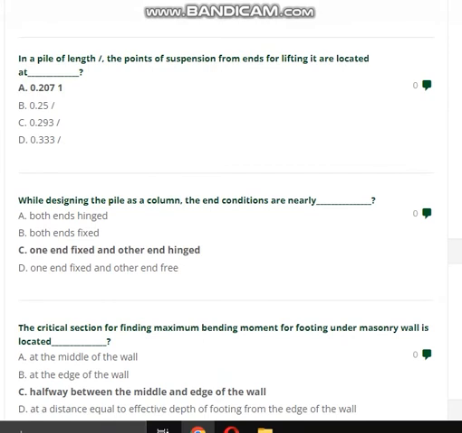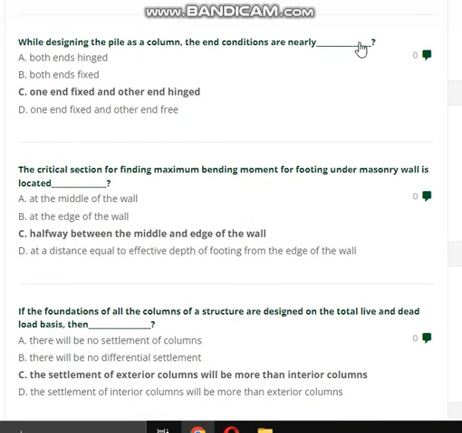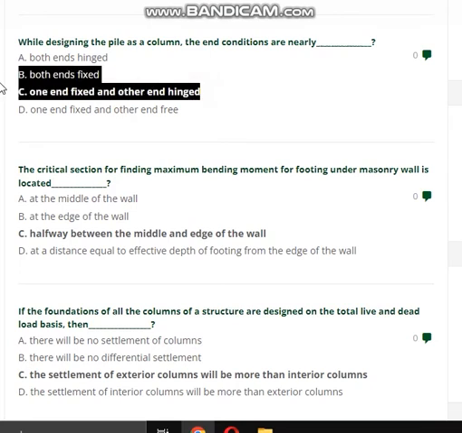In a pile of length L, the points of suspension from ends for lifting it are located at 0.207 L. While designing the pile as a column, the end conditions are nearly one end fixed and the other end hinged.